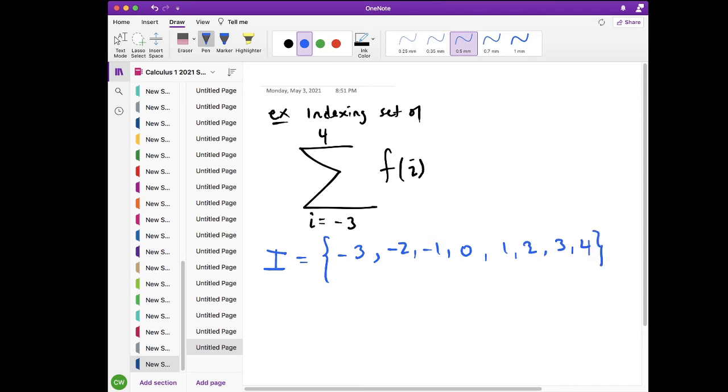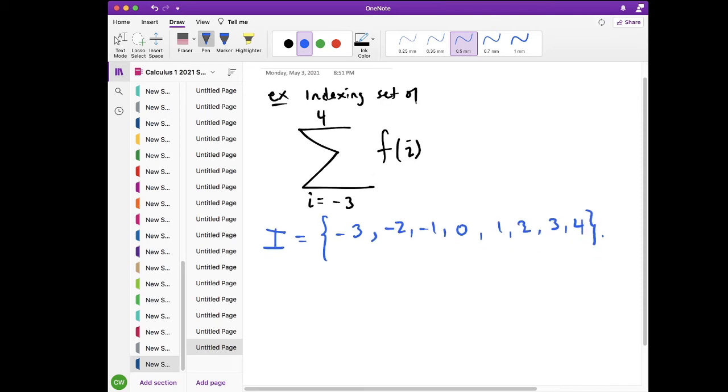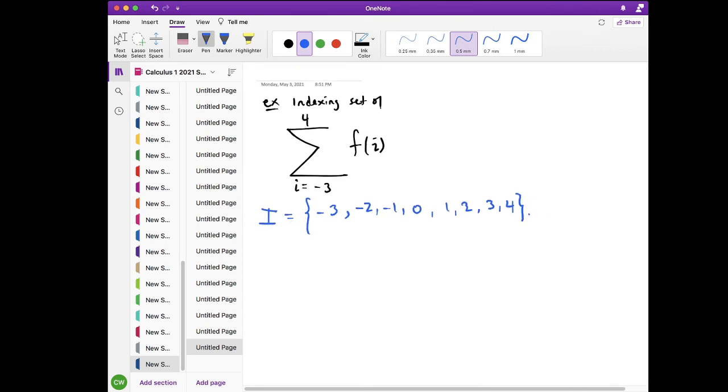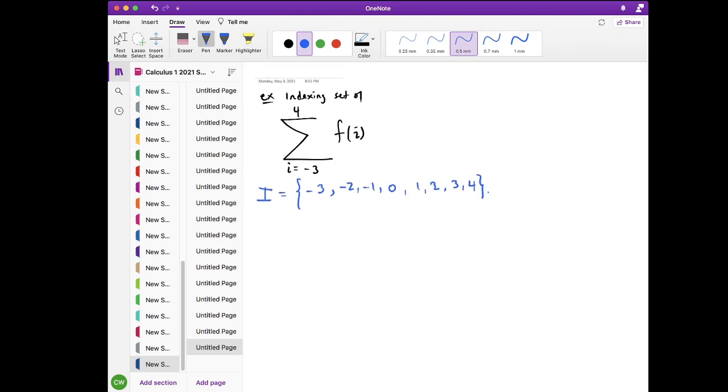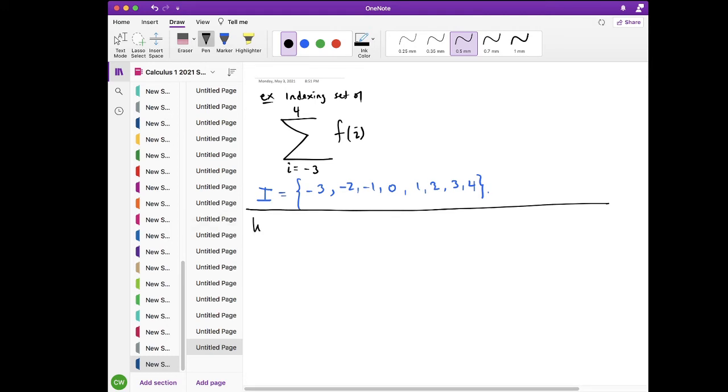Okay, so that's what the indexing set is. Again, we have not established what you do with this thing, but we just need to establish what it is, or how to identify it. Okay, so now, what do you do with it? What do you do with the index set?